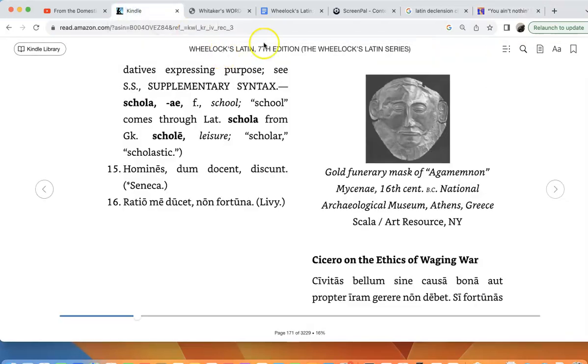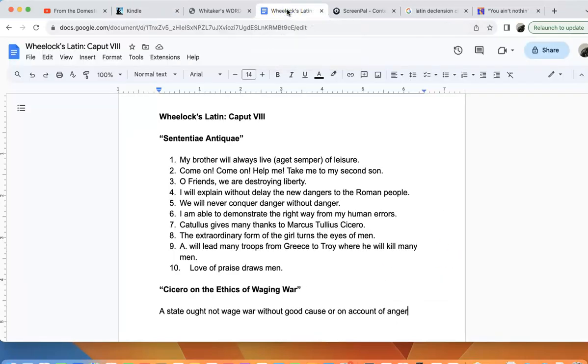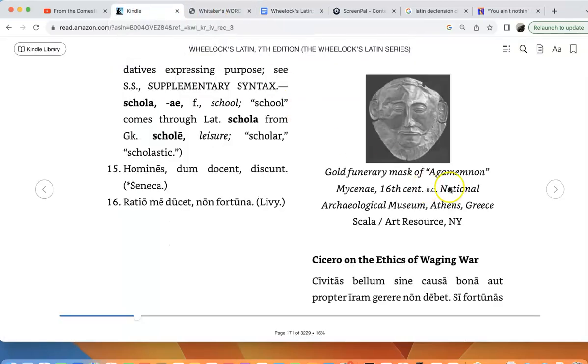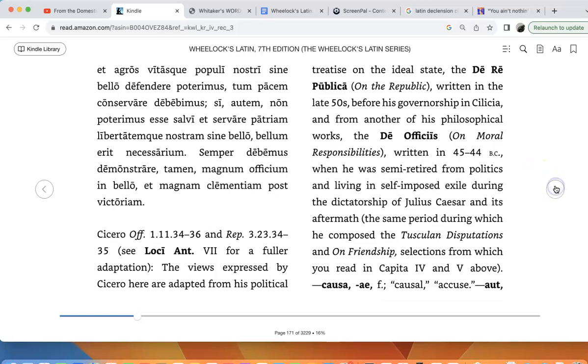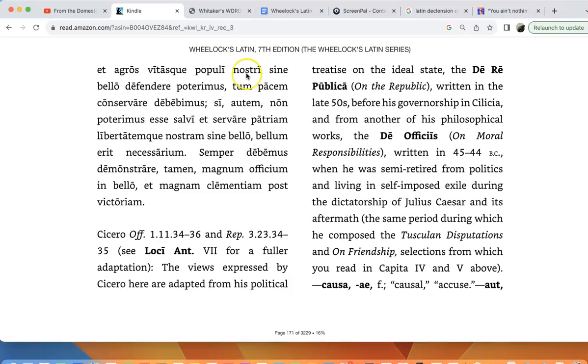All right, so then moving on here. Si fortunas. So if the fortunes. Let me turn the page here and see how it's worked. Yeah, so it is fortunas.